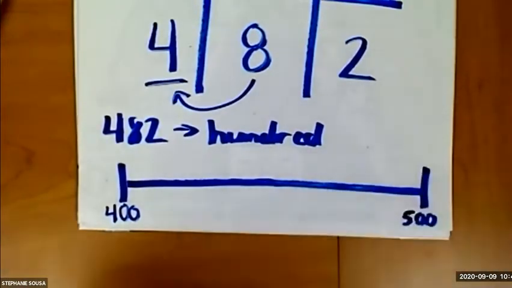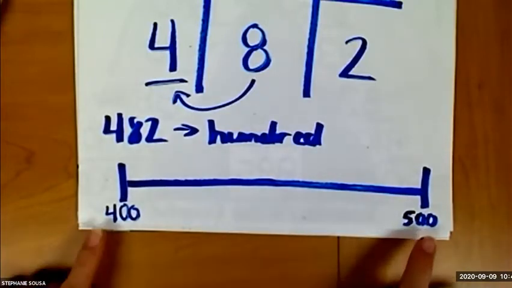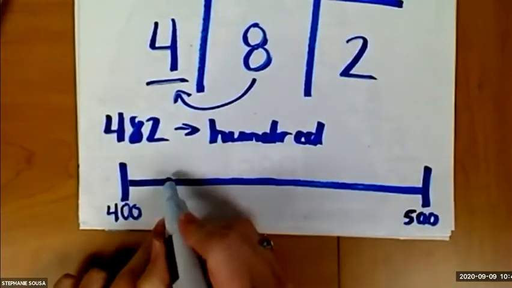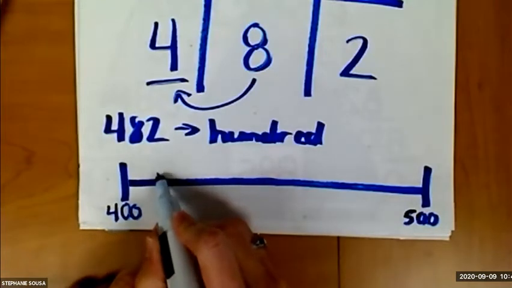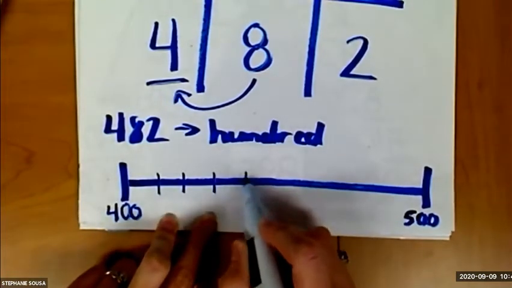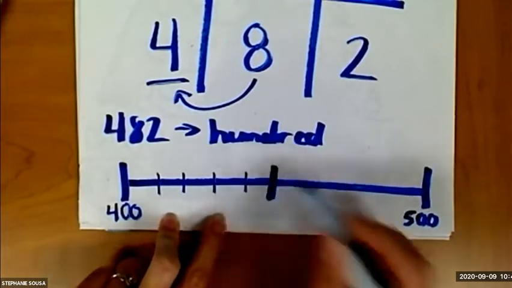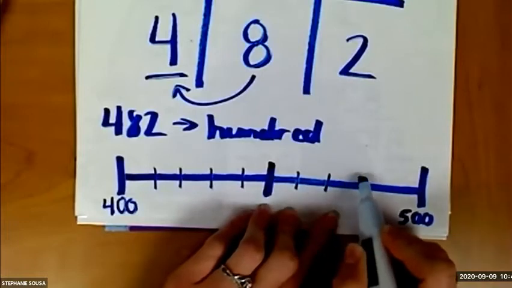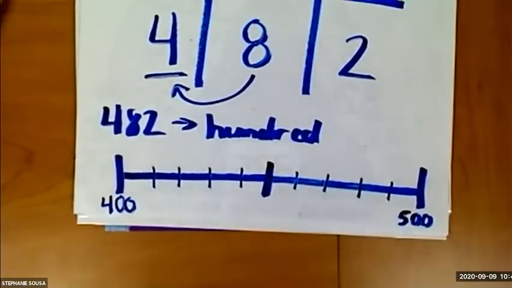That's correct. It's just like counting by ones. We just say 100 after it. 400, 500, okay? These are my two benchmark numbers. Because in between here, I know that I have 410, 420, 430, 440, 450, 460, 470, 480, and 490.